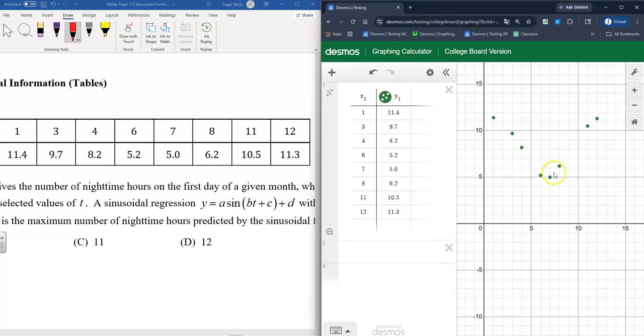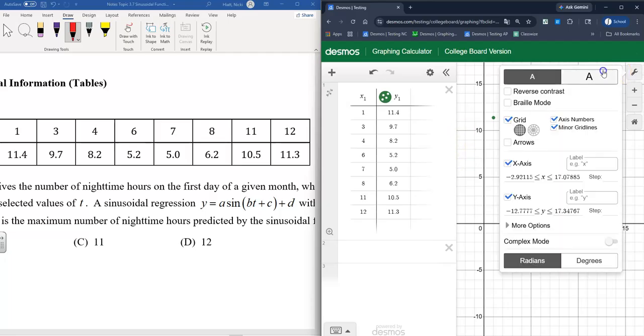And so when we're looking at regression data, you can see I see the pattern, but it may or may not fit perfectly for this.